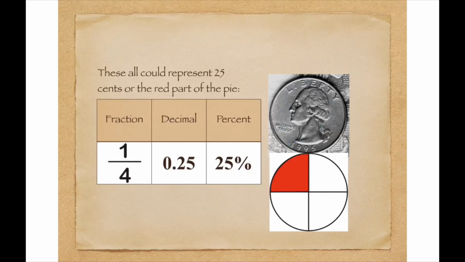The whole pie would represent 1 full pie. Lastly, percent. We could do it with the percent symbol. 25% could be 25% of a dollar, 25 out of 100 in other words, or 25 out of 100 pieces contained in a pie.